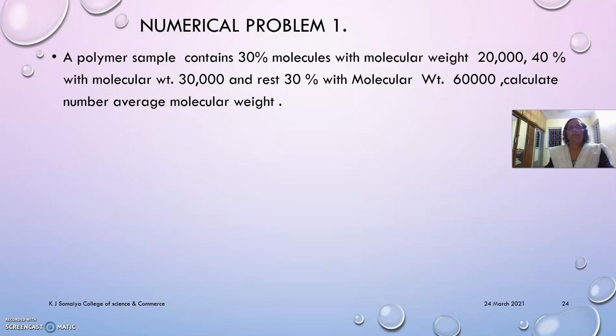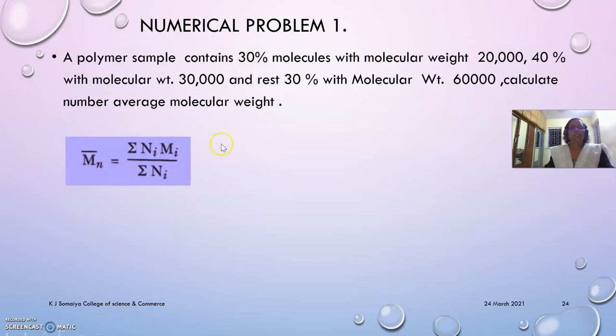In this type of problem, the actual number is not given, but the percentage is given. So we will consider these percentages as equivalent to the number of molecules.